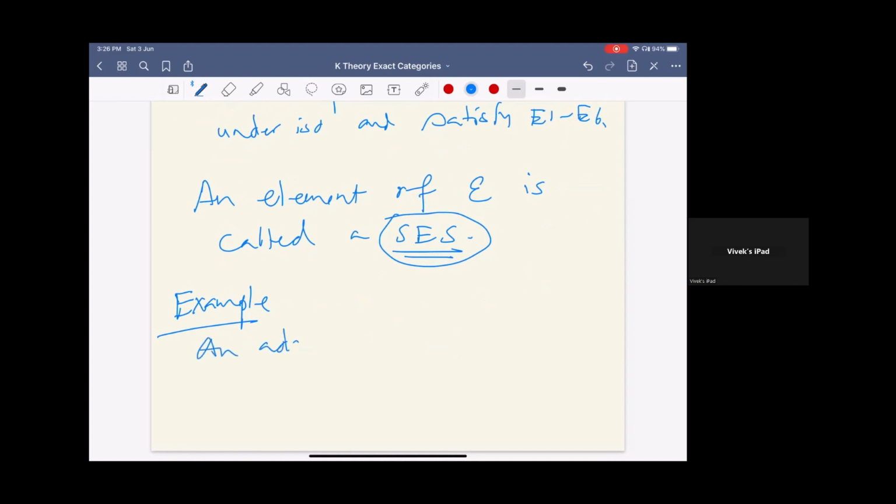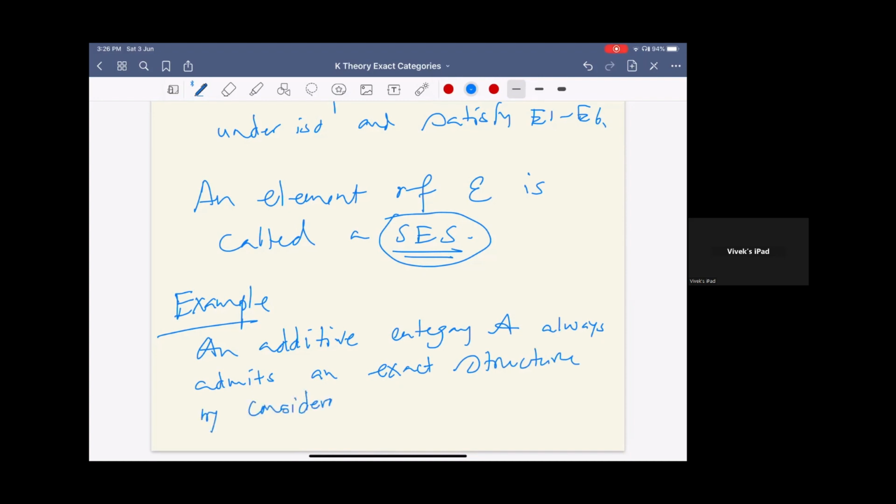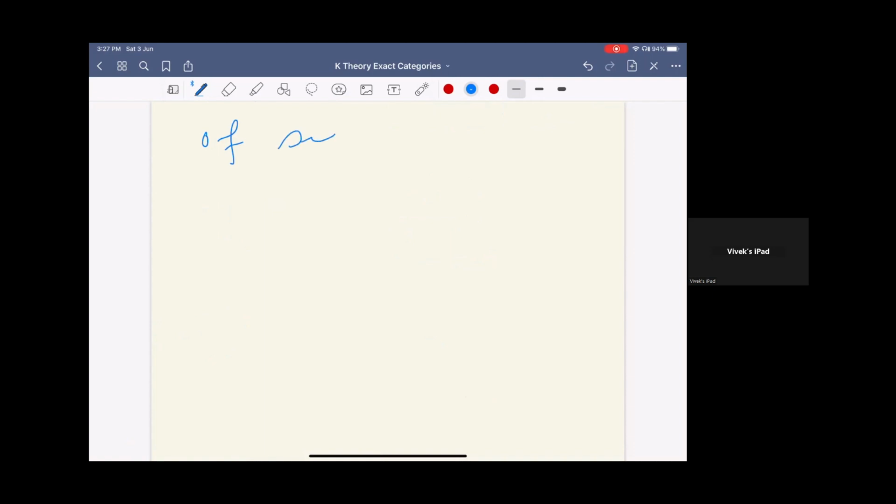An additive category A always admits an exact structure by considering epsilon to be the class of sequences isomorphic to the split exact sequences that I defined just now.